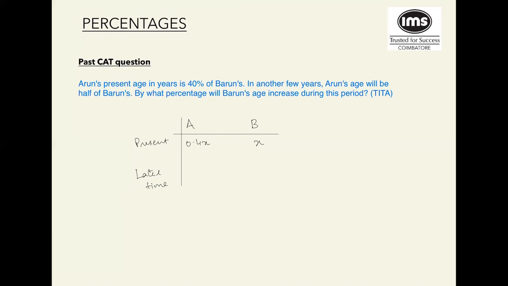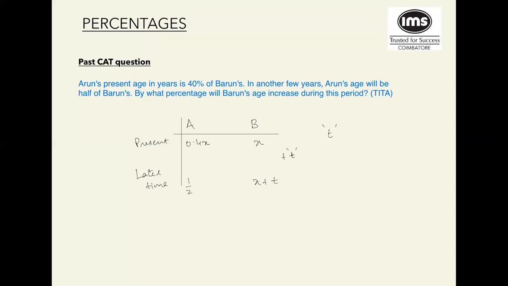Another few years. Let's take this another few years as T years. Arun's age will be half of Barun. So after you're adding T years, this will become x plus T. And Arun's age would be half of this.